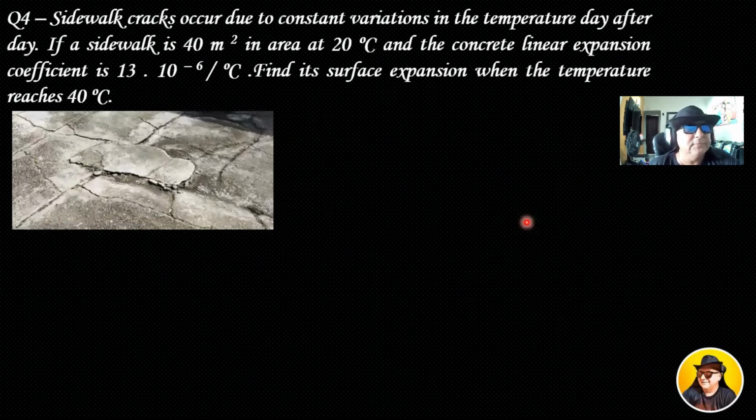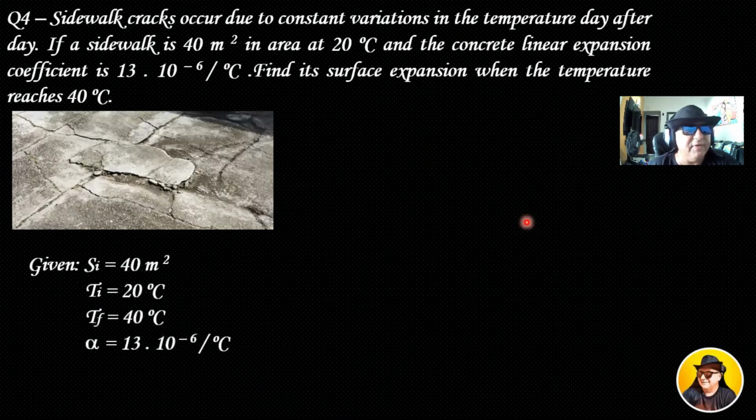Here you can see a picture of a sidewalk crack. You can see what was given: SI, TI, TF, and alpha. We have to pay attention that alpha was given again, so we have to convert from alpha to beta. What is required?